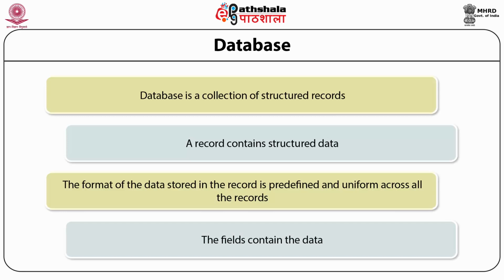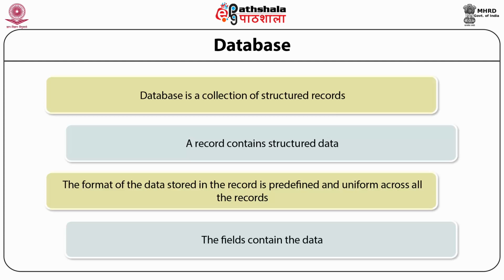Say for example, if you define a database called catalog for a library, so in this catalog you define several fields like title of a book, author of a book, place of a book, publisher of a book, and so on. So these fields will remain consistent across all the records. And finally, the data is stored in these fields. That means the title of the book contains the actual title of the book.